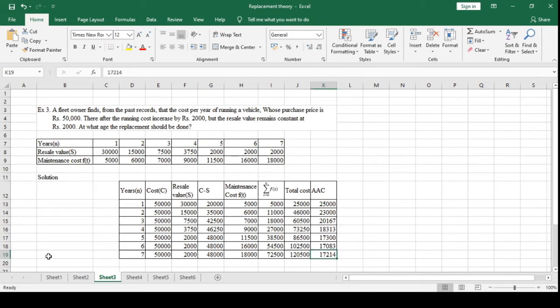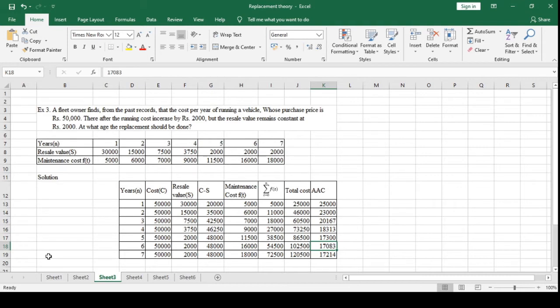By calculating the average annual cost, we can see a particular pattern. For the first year through the fifth year, your average annual cost keeps on decreasing. But after the sixth year, your average annual cost increases, from 17,083 to 17,214.